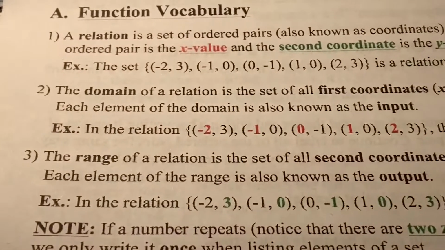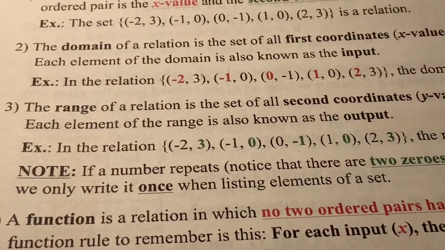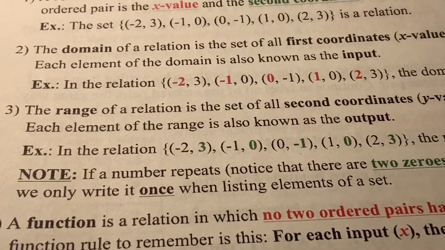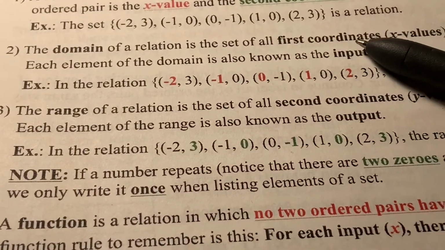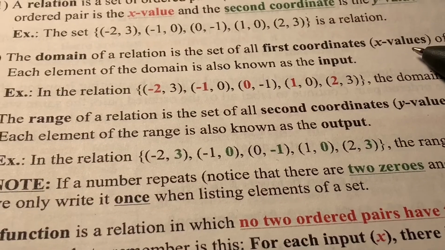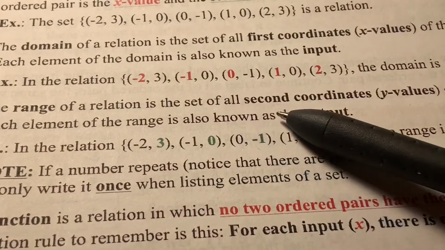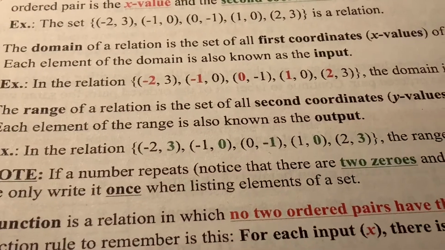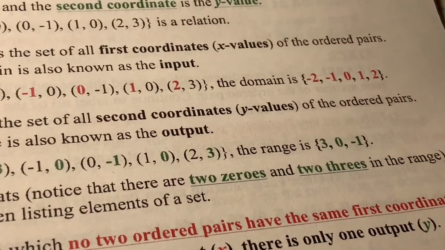Okay, let's continue. The range. So, folks, if the domain of a relation is the set of all first coordinates, also known as the x values, then the range of a relation is the set of all second coordinates, also known as the y values of the ordered pairs.